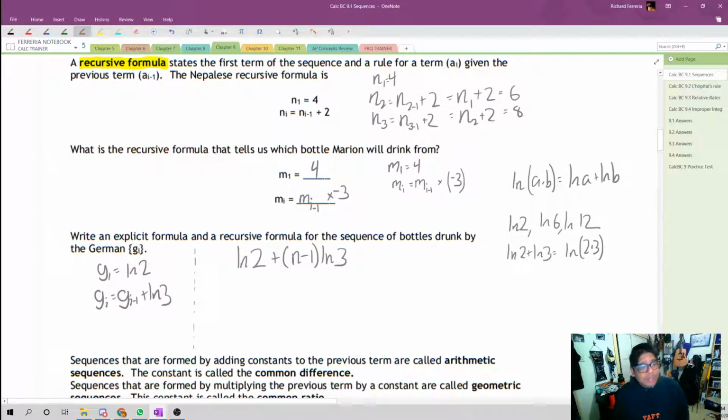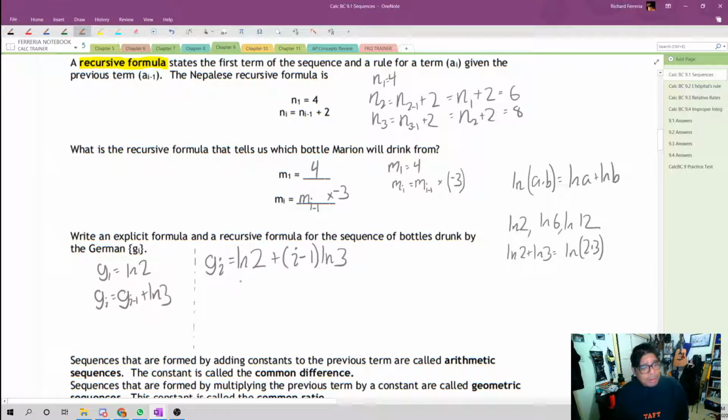So any g sub i is going to be natural log of 2 plus i minus 1 times natural log of 3. That is the common way that we usually do arithmetic sequences, which I guess we didn't know what it was called, but that's what it's called.